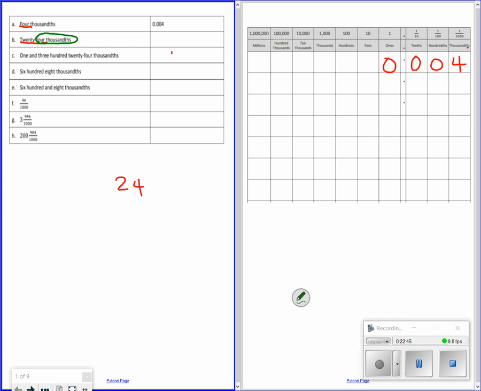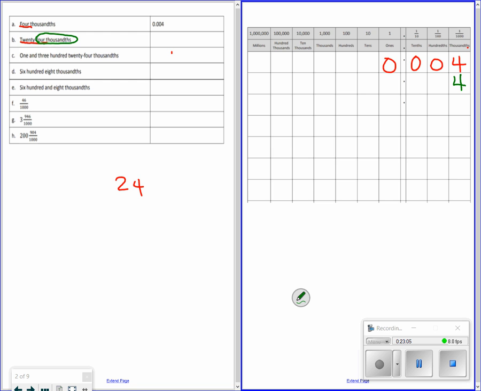So you're having to pay attention to multiple things on there. I have to make 24, but the 4 has to be where? Thousandths. So it's not 24,000, it's thousandths, which means it's behind the decimal. So my 4 is in the thousandths, but I have to make it 24.